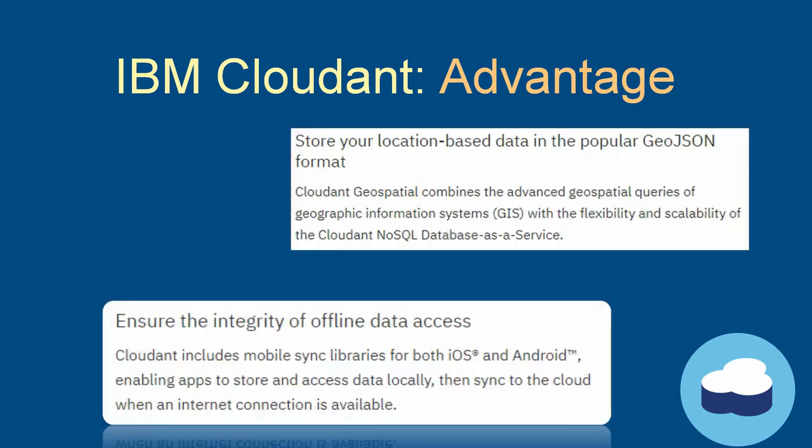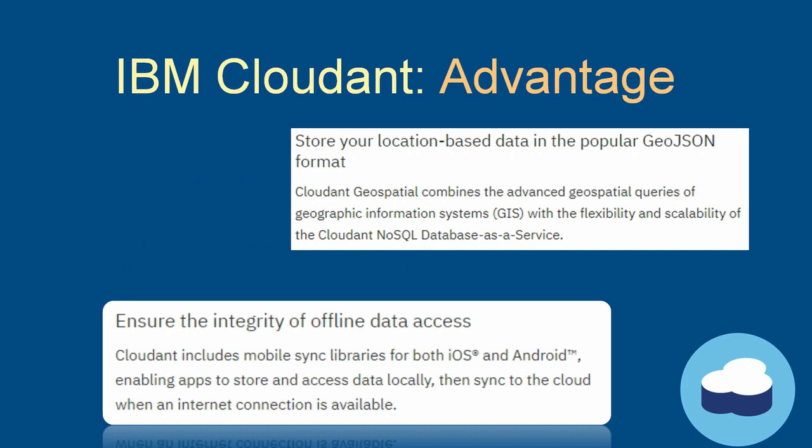We can store our location-based data in the popular GeoJSON format for geographical information systems, or GIS in short. These days, cities are getting smarter, and with that, we have to build 3D maps or 2D maps of each city, every lane, every drainage system, and everything else.